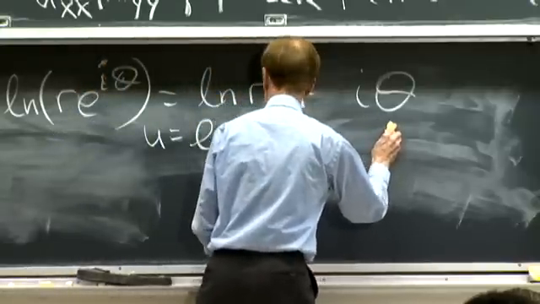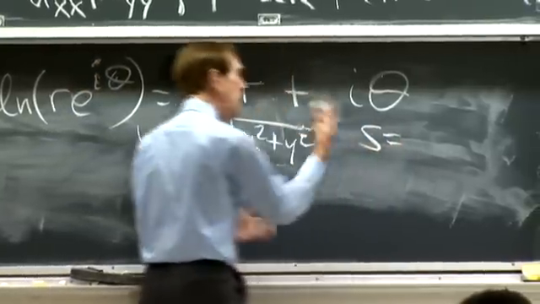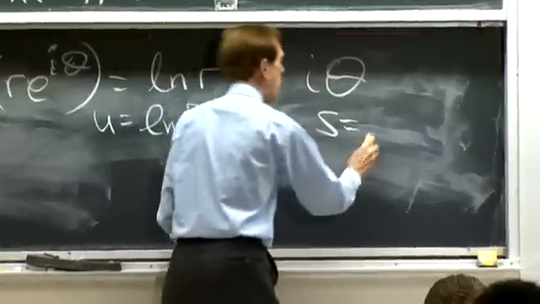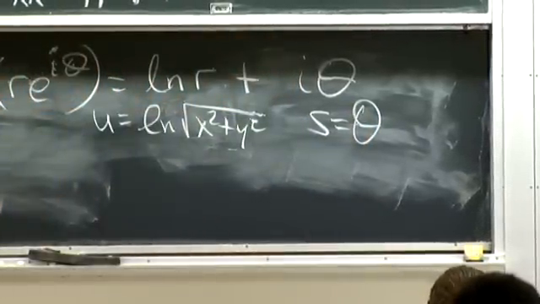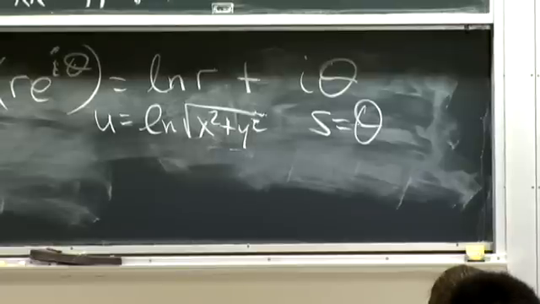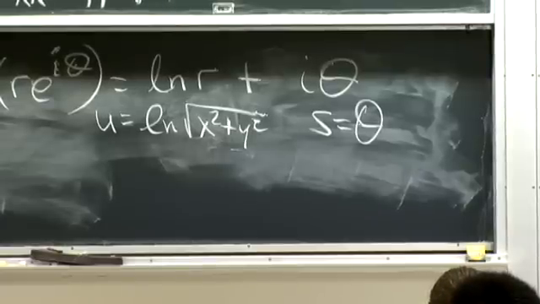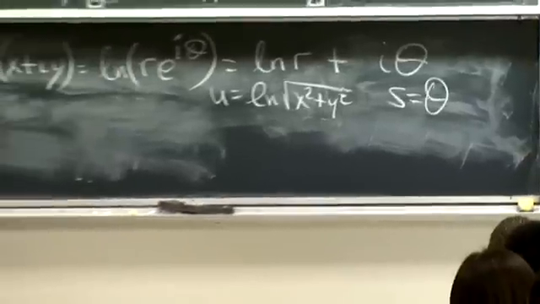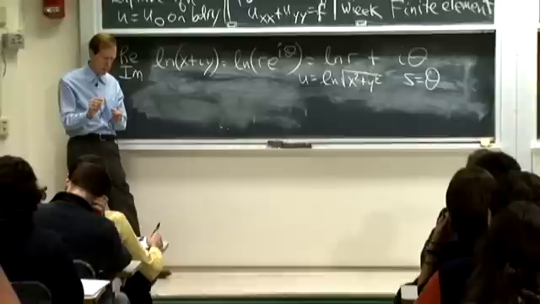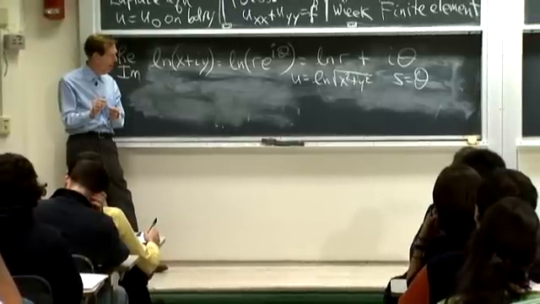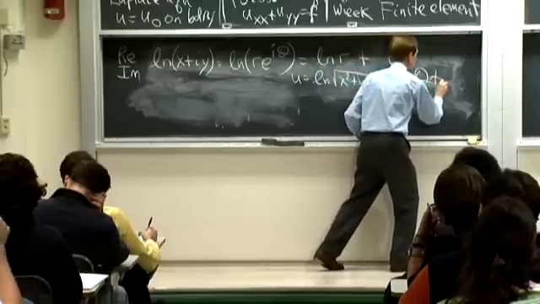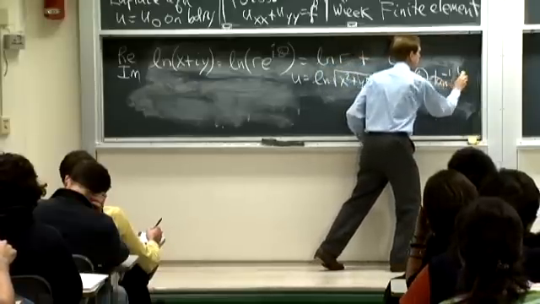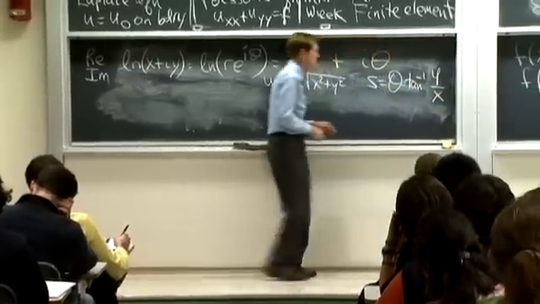The twin is the imaginary part, which is theta. Oh, what is theta in x and y? If I wanted it in x and y, what would theta be? It's the arctan, it's the angle whose tangent is y over x. So if I really want it in rectangular xy stuff, it's the angle whose tangent is y over x.